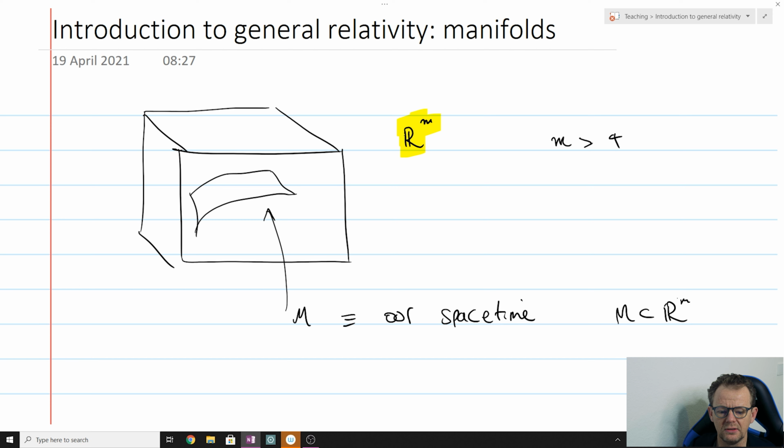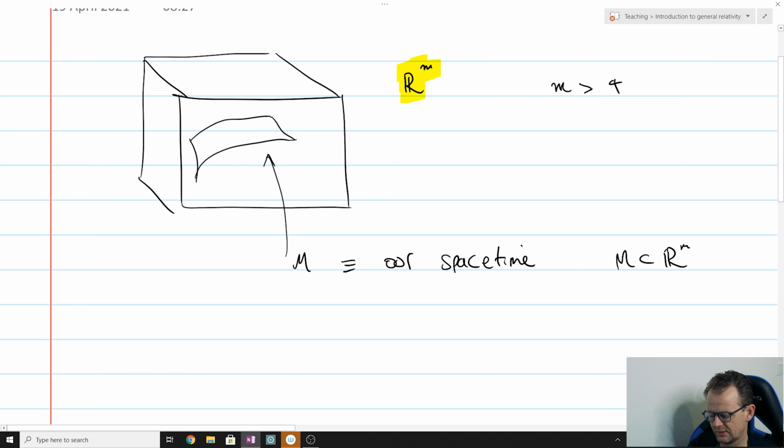Namely, we study curved continua in an intrinsic way, without reference to this larger embedding space-time R^m. In this approach, R^m is what we might call the ambient space, and this is the embedding approach. So we're not going to do this.